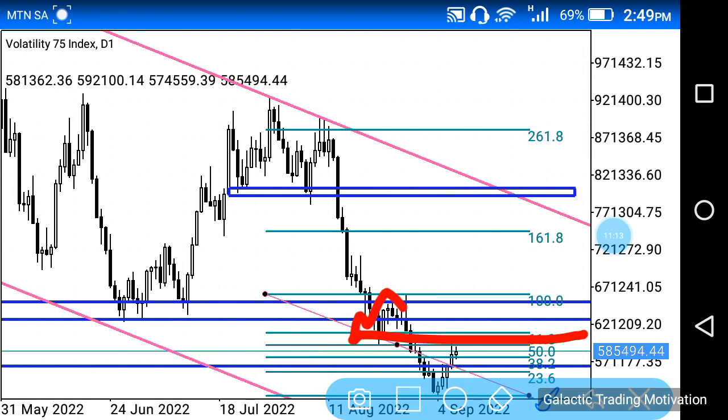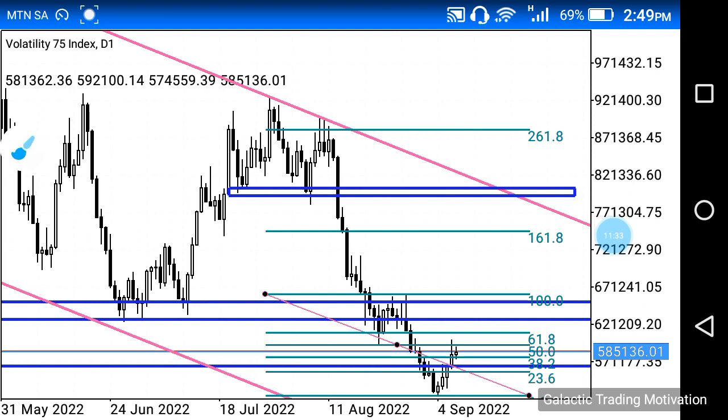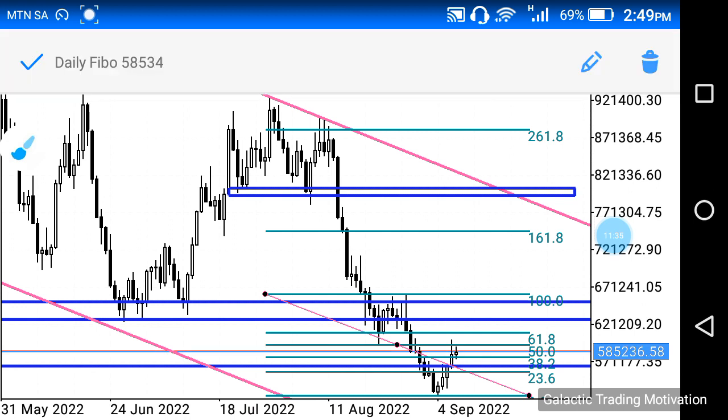And we might possibly start looking for selling opportunities at this point. Possibly. I'm not saying that we should just sell. I'm saying we might possibly look for selling opportunities at that point. However, we just need to ensure that we find further reasons for why we want to sell at that point. Anyway, let's proceed. I'm just going to delete this fib tool.